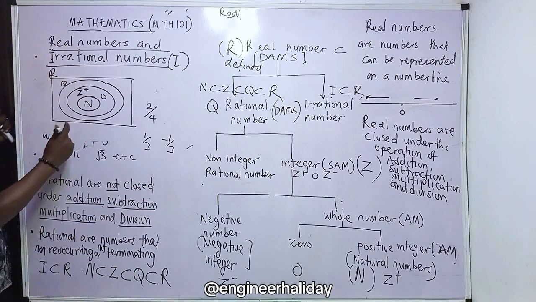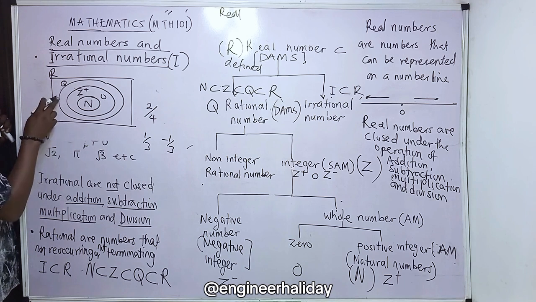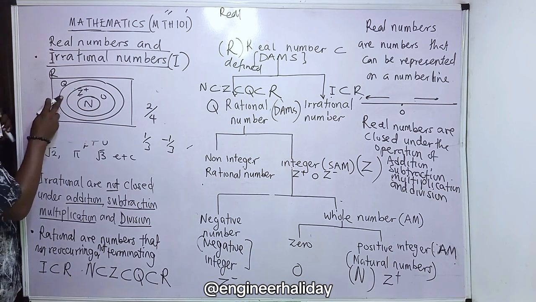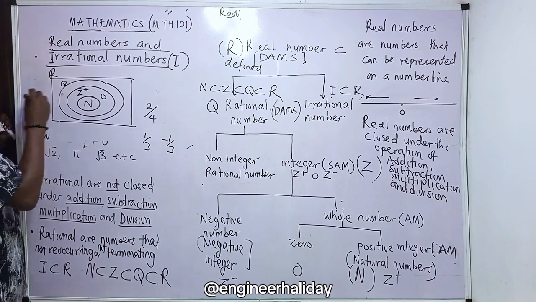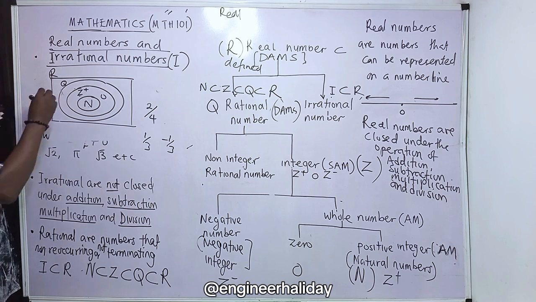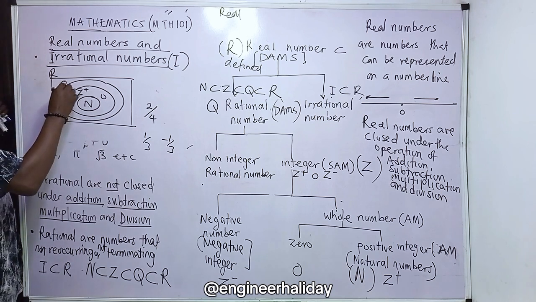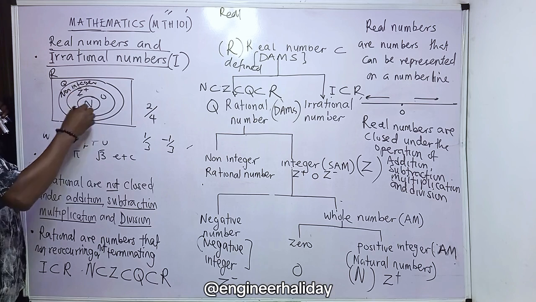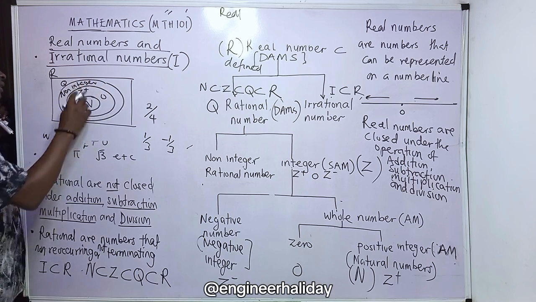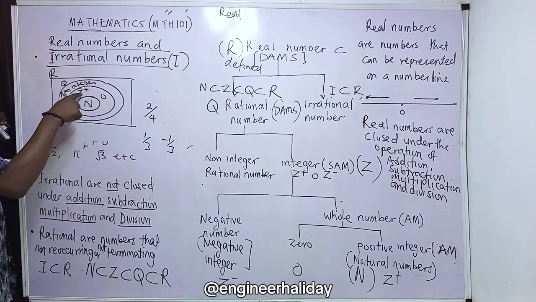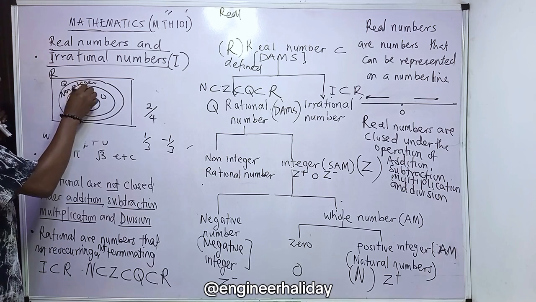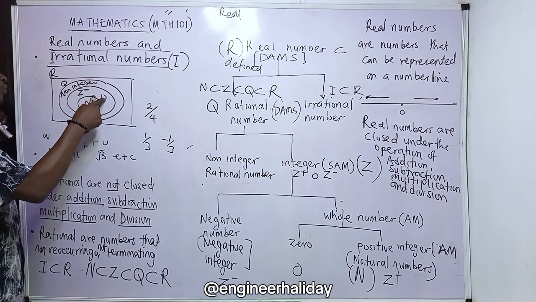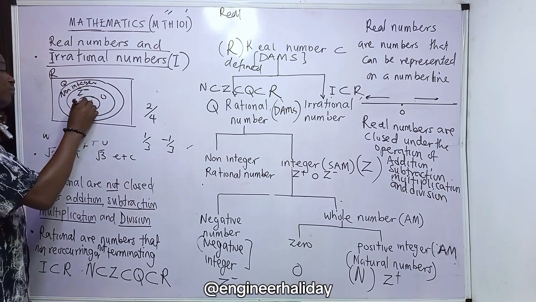So this is what it will look like. Non-integer will not be here, while everything here will be integer. Everything inside here, because we have negative integer, zero, and natural number.